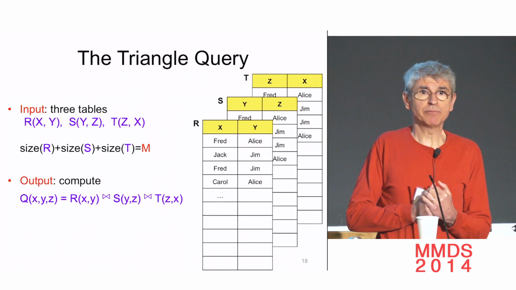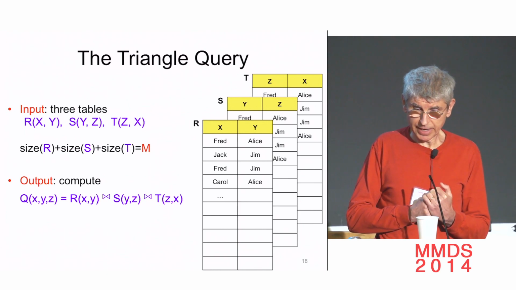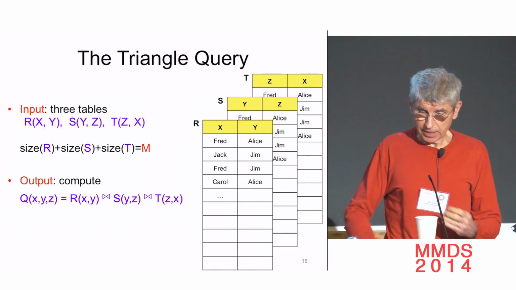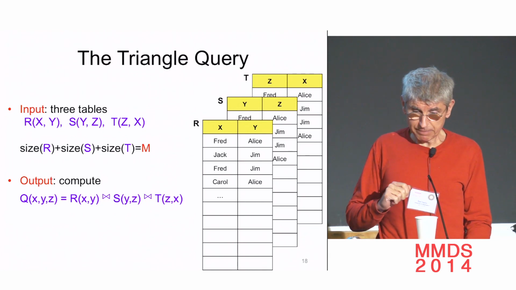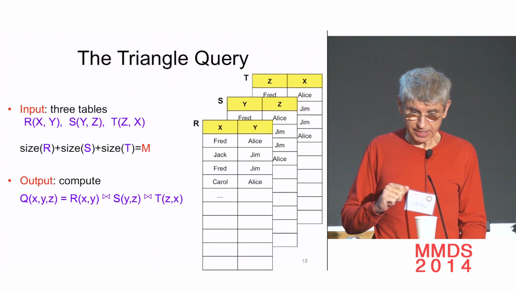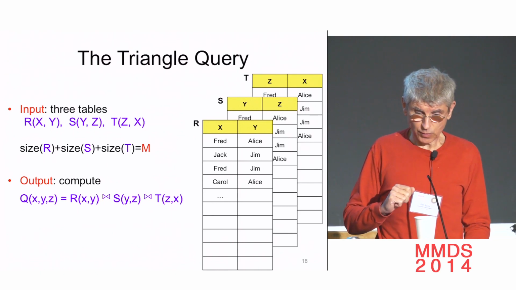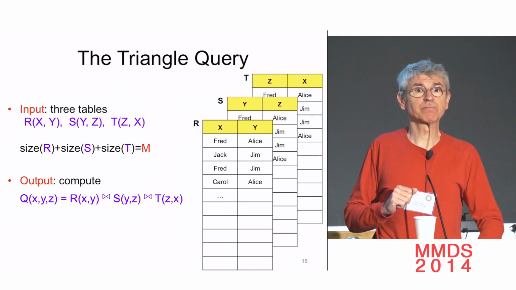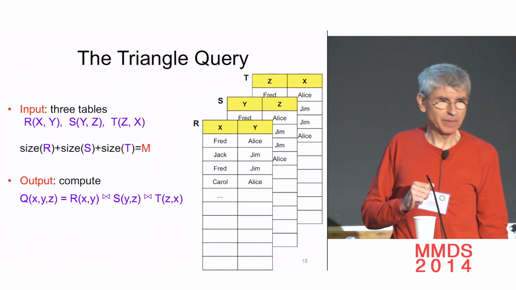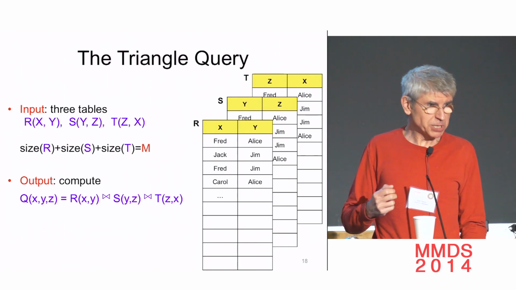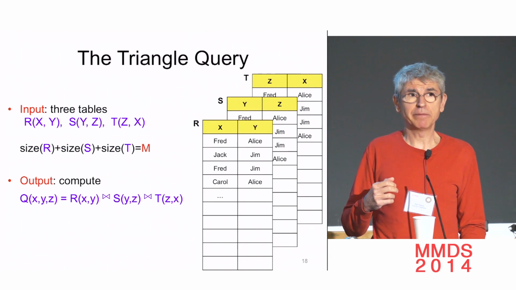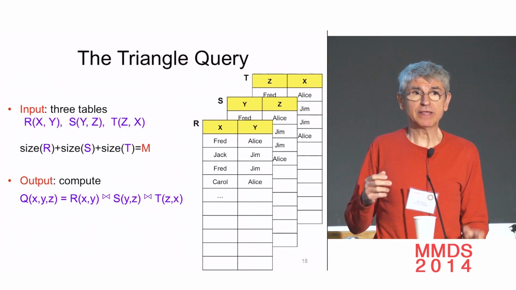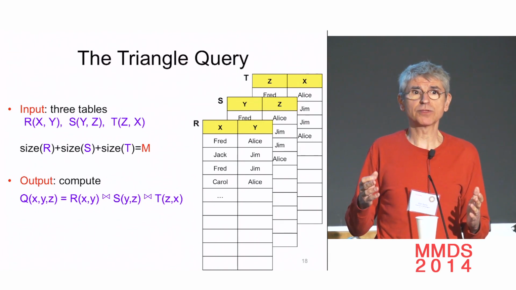We are given three input relations, R, S, and T, and we want to find all triangles, all triples x, y, z, such that x, y is in R, and y, z is in S, and z, x is in T. The benchmark that everybody uses is a data set from Twitter, where the relation represents the follows relationship.